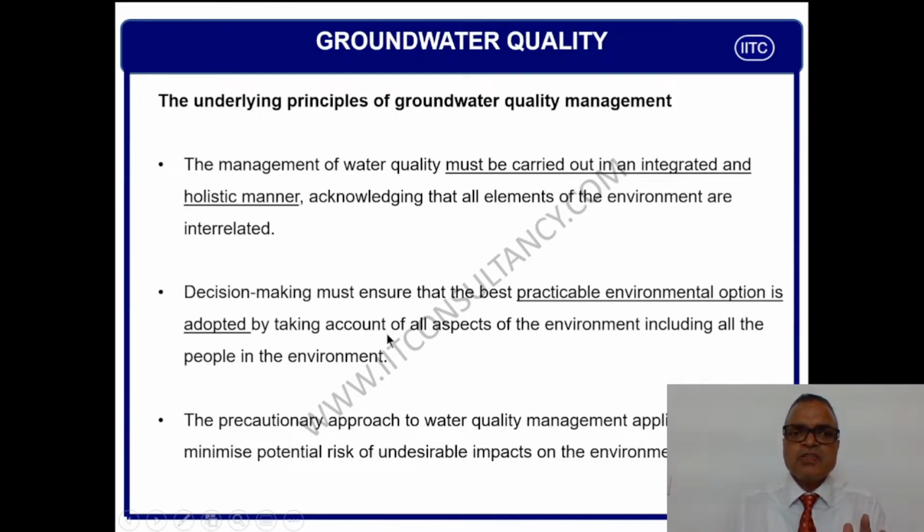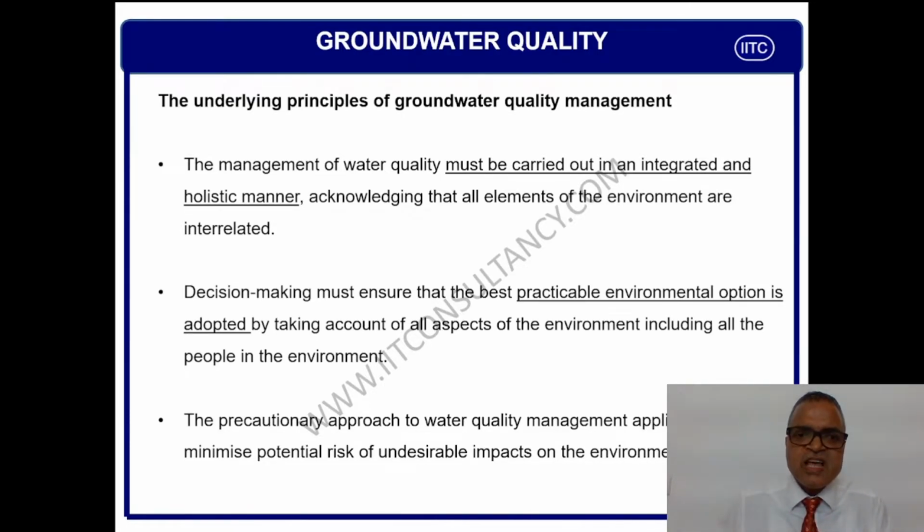Decision making must ensure that the best practicable environmental option is adopted by taking account of all aspects of the environment, including all people in the environment. So to ensure good quality of water for groundwater quality management, the best practicable environmental option is adopted, identified, and selected.